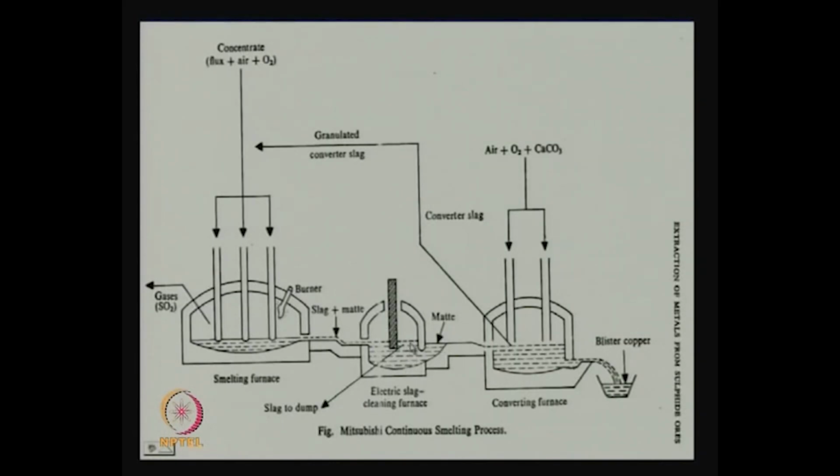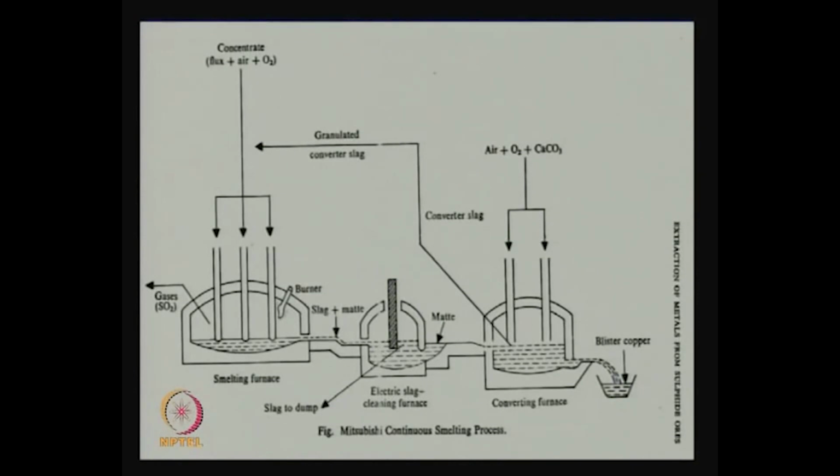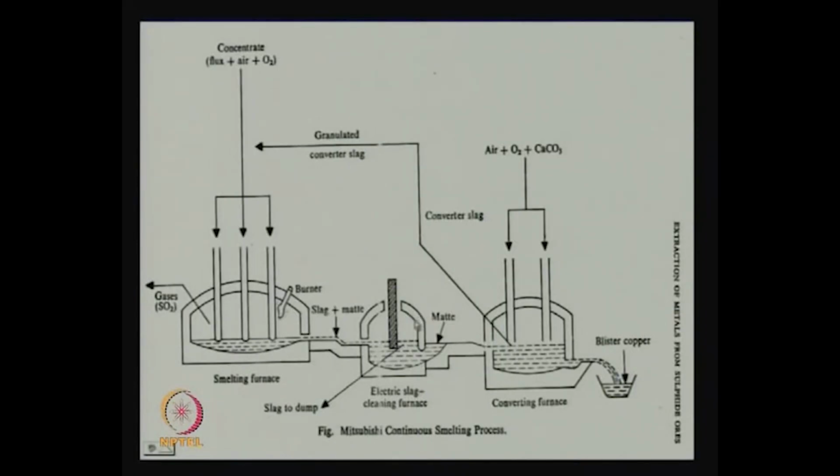It means you have the slag and the matte, but the slag can be treated to get the right temperature under the right PO2 to recover any copper losses. There is a baffle here which dips into the liquid, which means only the matte can go from the bottom to the other end, but the slag gets stuck here. Slag floats on top, so it cannot go that way. There is a porthole through which slag comes out for dumping.